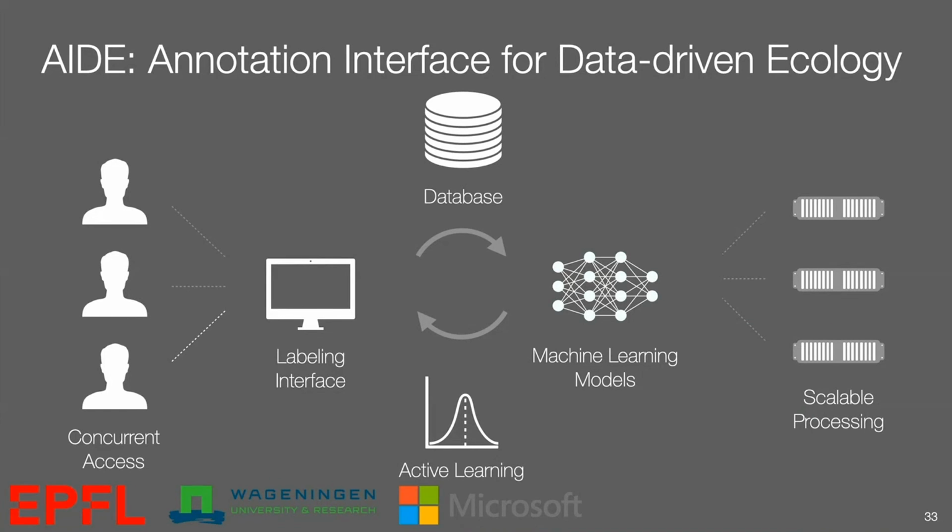So basically, it has deep learning models in the background, which go through the large bulk of unlabeled images, and then they only show to the humans the images that are most interesting, for example, those where the model is most uncertain, or those that contain the highest number of detections, things like that. And then the humans can provide labels and corrections, which are in turn used to update the deep learning model in the background. So it really is a true feedback loop where humans and machines work hand in hand.